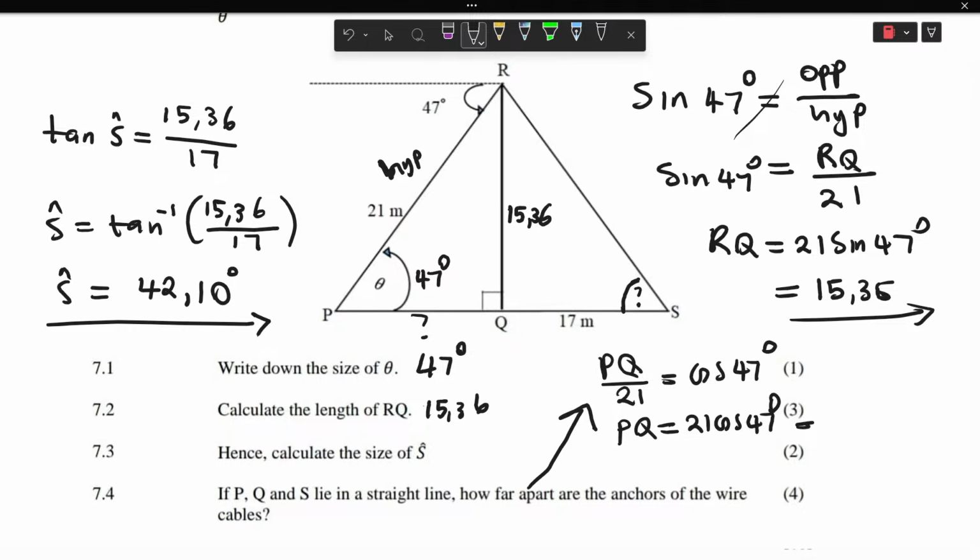Find PQ for me. Use a calculator. Can you press 21 cos 47? What is the answer? What do we have?